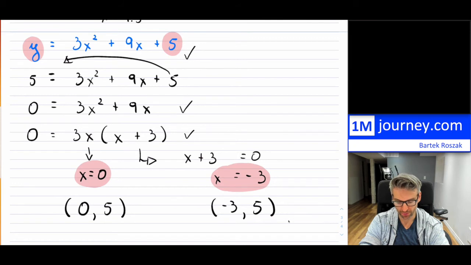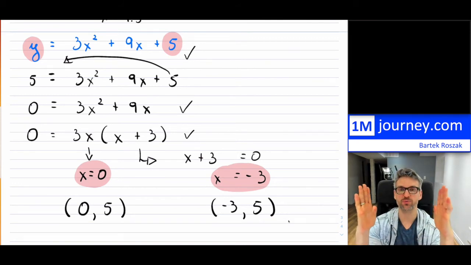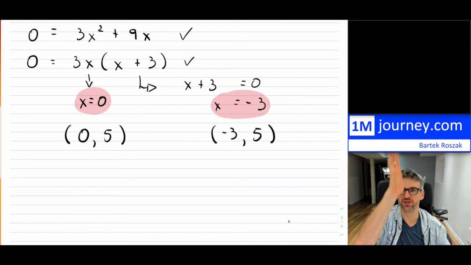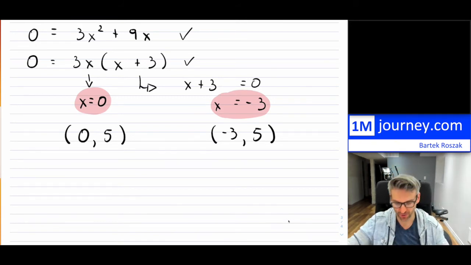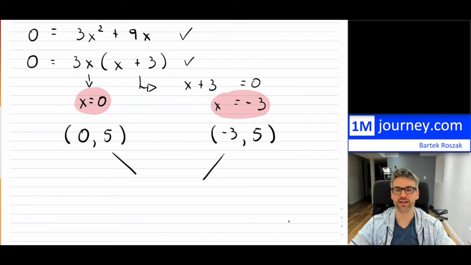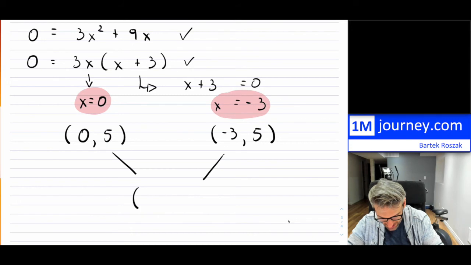Now, if you take those 2 points and take the average, meaning you add them up and divide by 2, you're going to get your line of symmetry, the point that it goes through. So adding these 2 up, 0 plus negative 3 is negative 3. And negative 3 divided by 2, because that's the average, is going to give you negative 1.5.